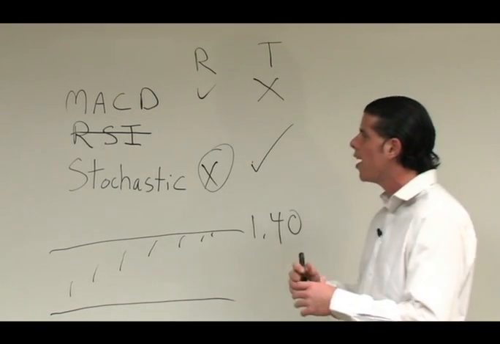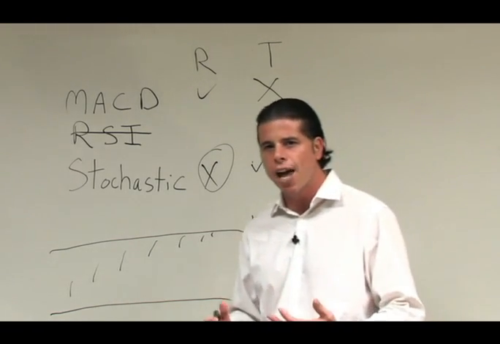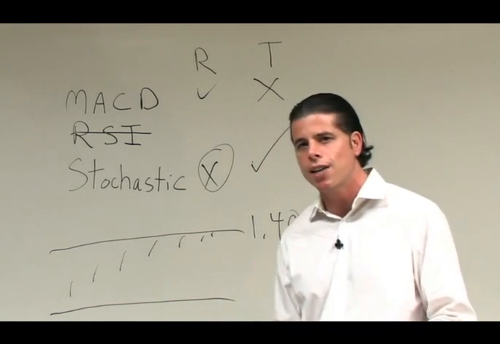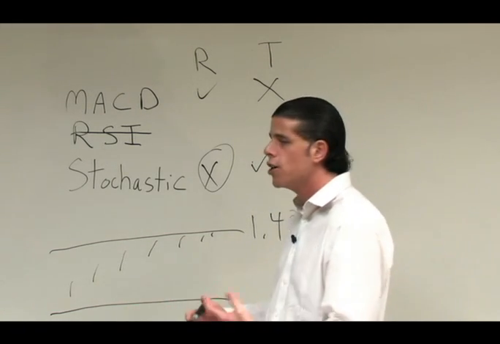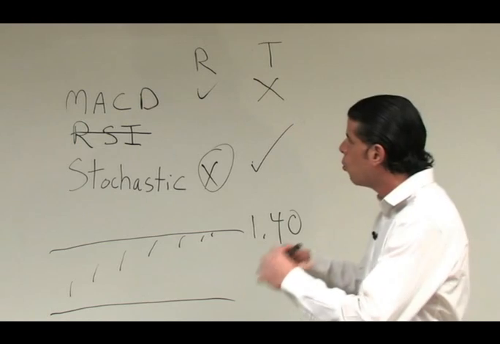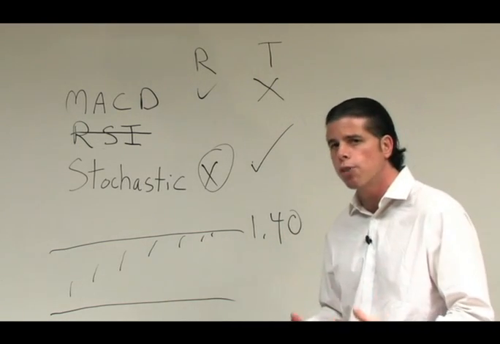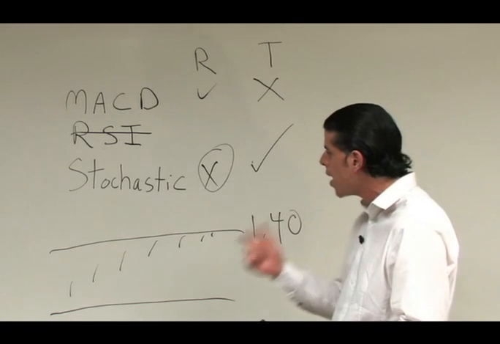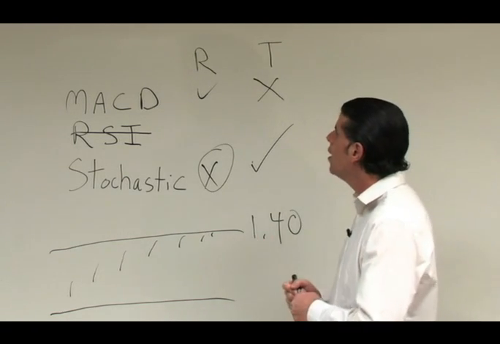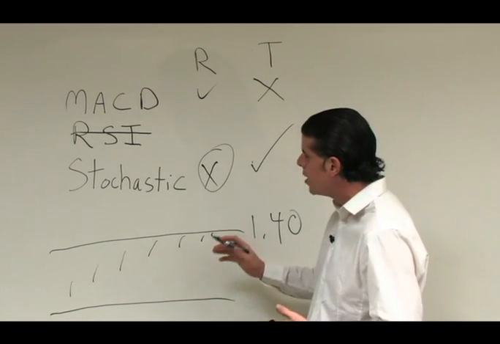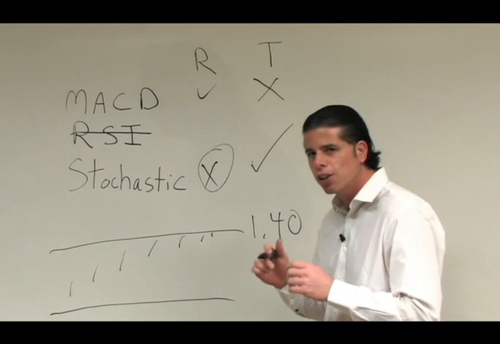It's not always about finding as many confirmations as you can, because if you find, let's say, 7 or 8 confirmations, yes, that trade is more likely to work out, but in waiting for those confirmations, you're going to have to take more risk when you do enter the trade. So it's about finding that sweet spot of having the best confirmations as well as taking the least amount of risk.